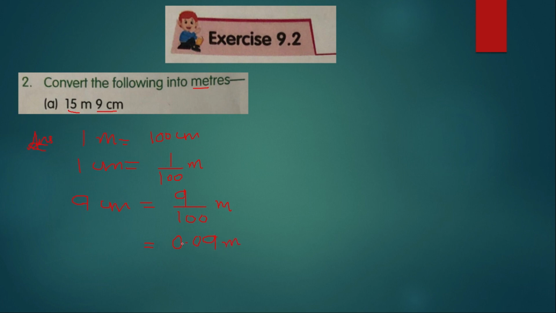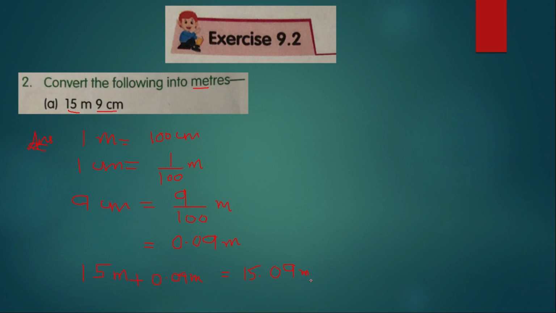So now this is 0.09 and it was 15 already. So now we will add. 15 meter plus 0.09 meter will be equal to 15.09 meters. So like this you need to do all the parts. I hope I am clear with it.